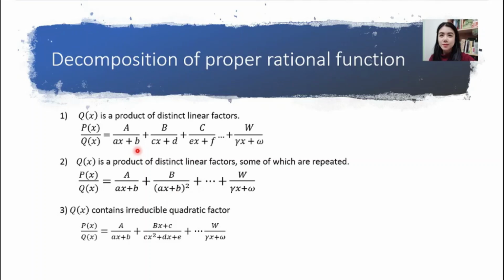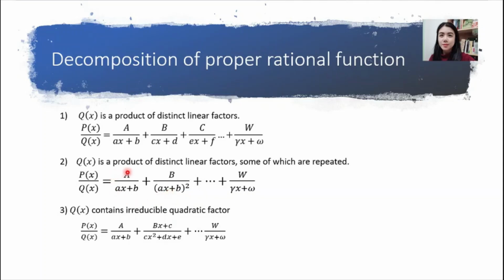If you compare with case number one, those were different factors, ax plus b and cx plus d. But for case number 2, they are repeats. This is the repeat for the second time.